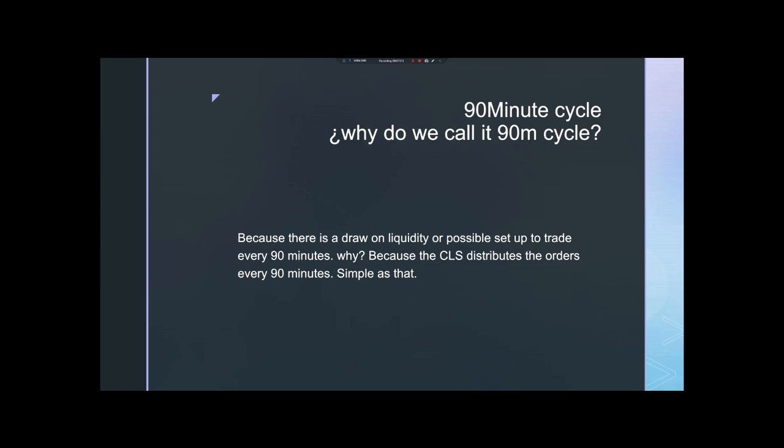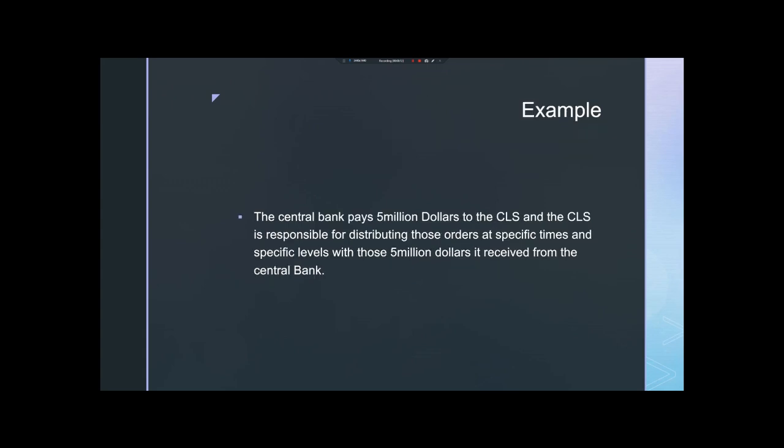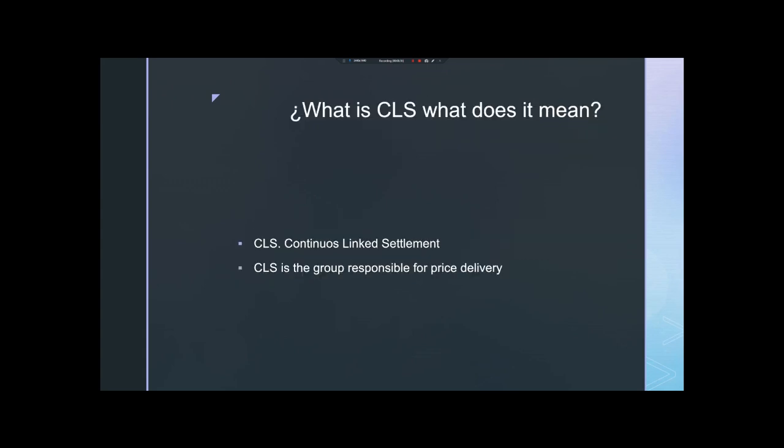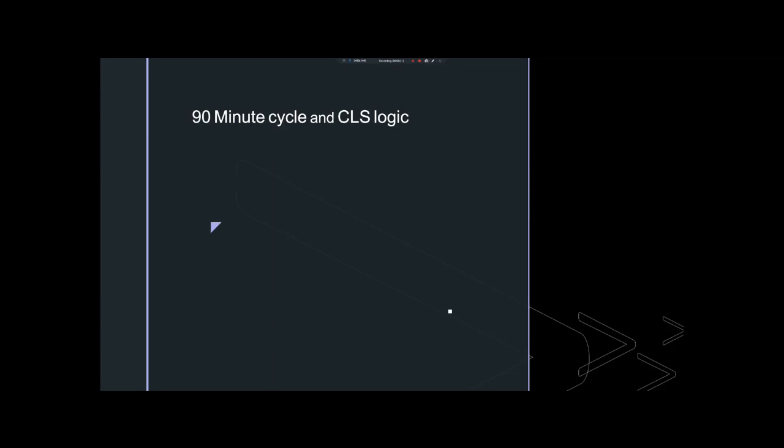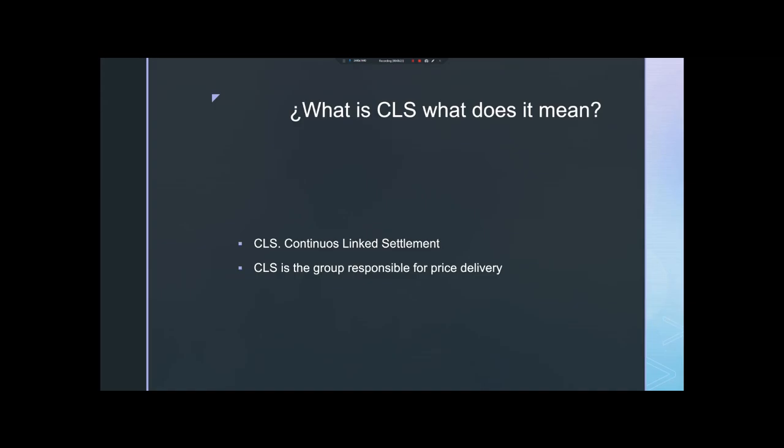I'm trying to make it as simple as possible, because you don't have to know all those companies, those banks, or all those difficult things. What I'm telling you now is all you need to know about the CLS, which is a company, a group responsible for the price delivery.